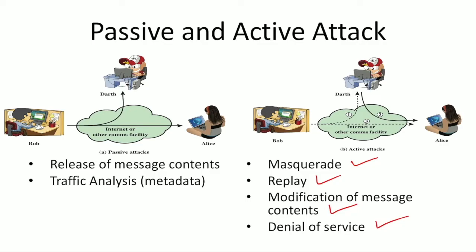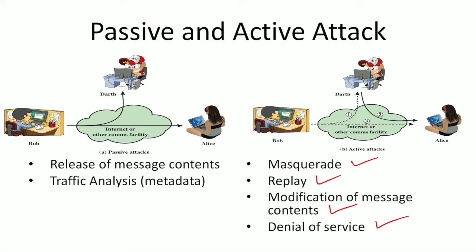Masquerade takes place when one entity pretends to be another entity. For example, valid authentication sequences can be captured and replayed to impersonate the authenticated entity and obtain extra privileges. Replay involves the passive capture of a data unit and its subsequent transmission to produce an unauthorized effect.